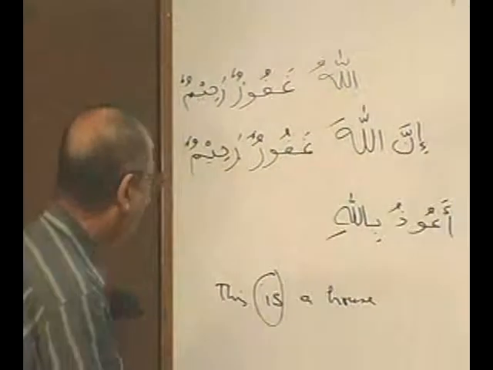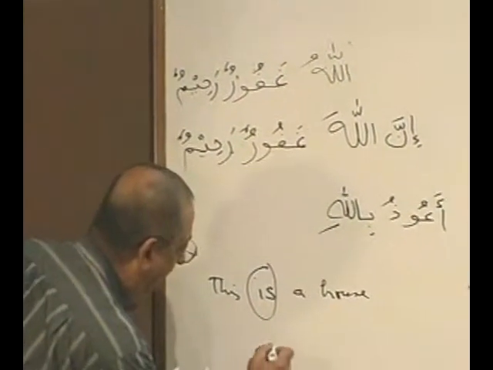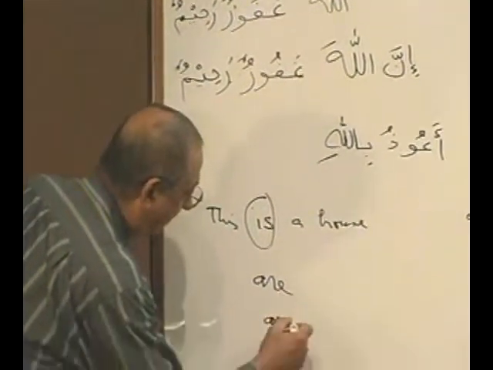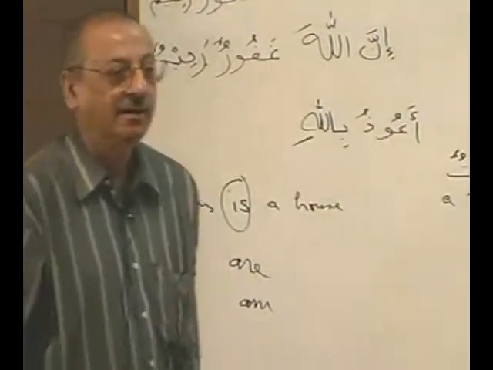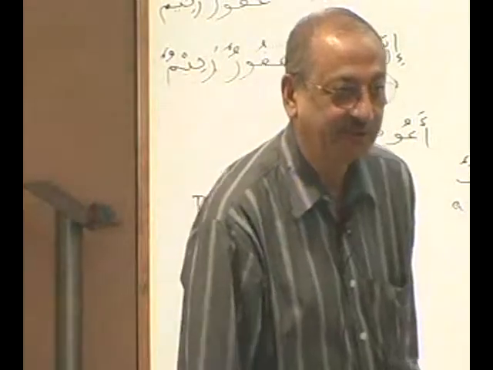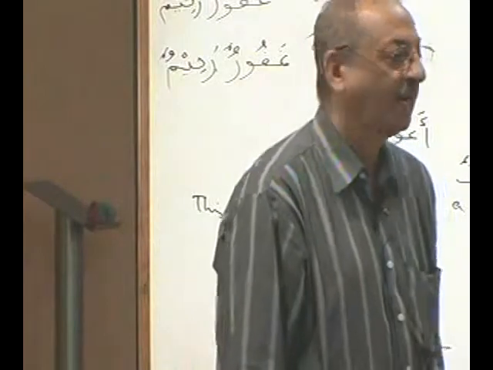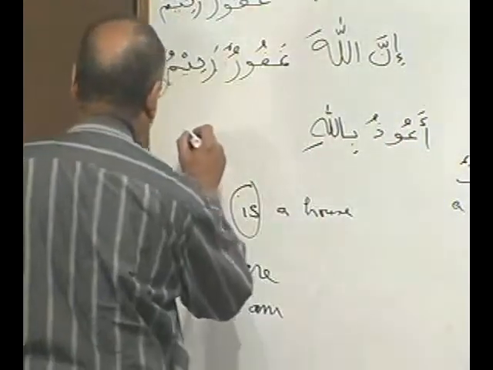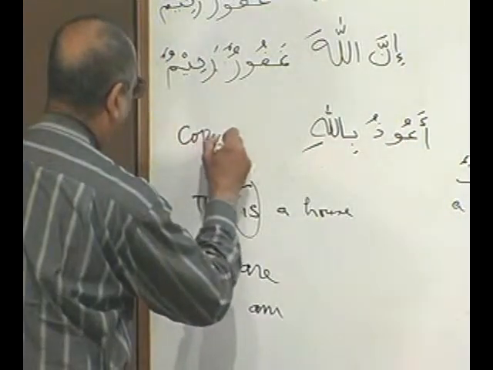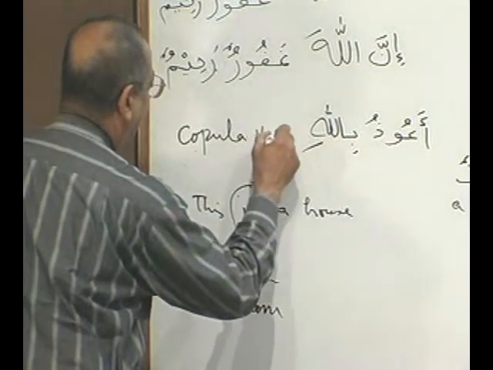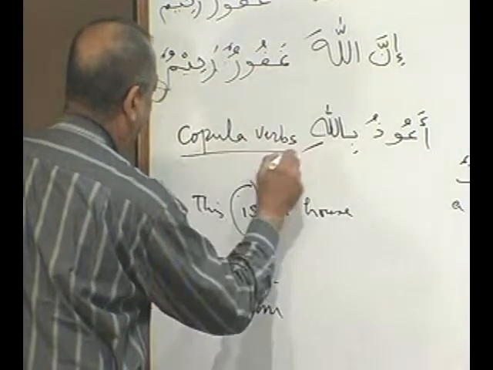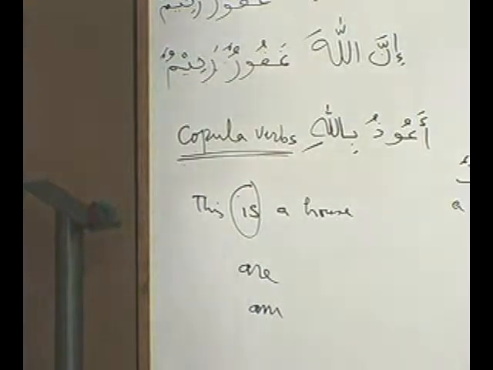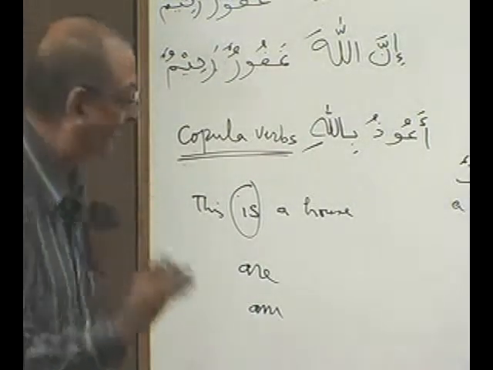So what is it? Okay, we go to English grammar. Is, are, and am, these are linking verbs. In English, we call them copula verbs. They are intransitive verbs, but I will not go into detail on that.